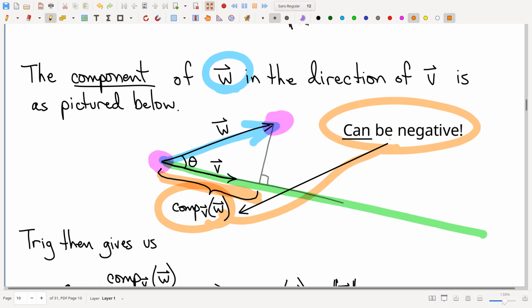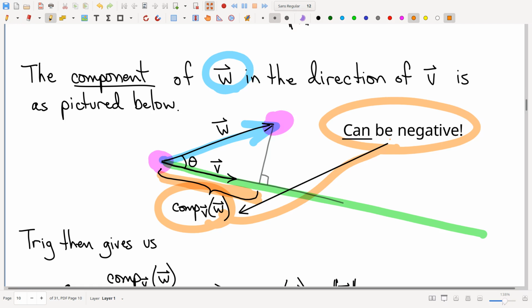You also can't call it a magnitude. You're going to want to call it a magnitude, but you can't. It's not a positive thing necessarily. Magnitude is intrinsically positive. Distance is intrinsically positive. Component's not. Right? So you can call it a scalar. That's fine. But just be wary of these other words.